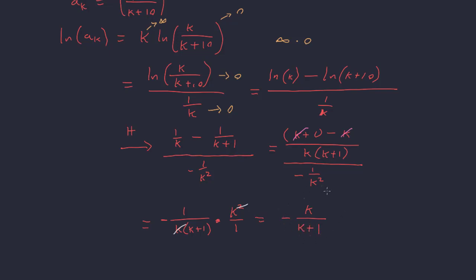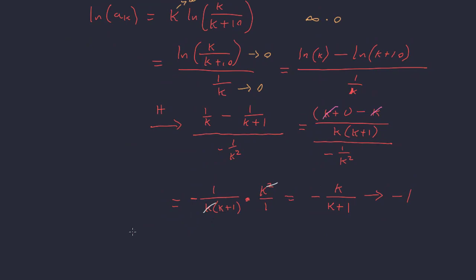So now we have matching powers of k here. So this goes to negative 1. Oh boy. That was a lot of work to get to here, but here's what we have. We have that the natural log of a_k goes to negative 1. And when we introduce e, that's going to tell us that a_k goes to e to the negative 1, or 1 over e, which, the important part is, does not equal 0.